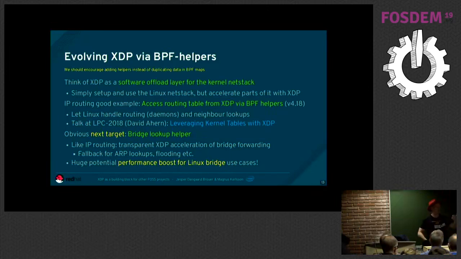It'll do the lookup and get back the next hop, and also the MAC address and the exit point, the ifindex exit point. And from XDP, we can then shoot out the packet directly from this level.